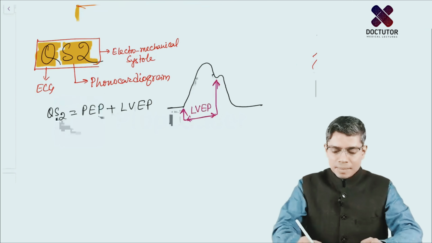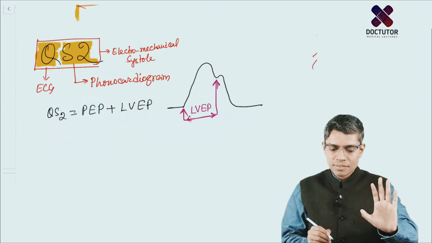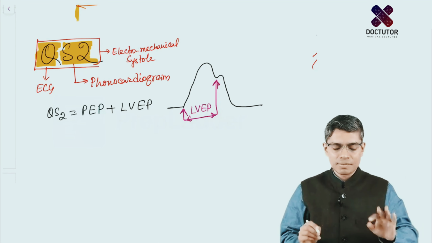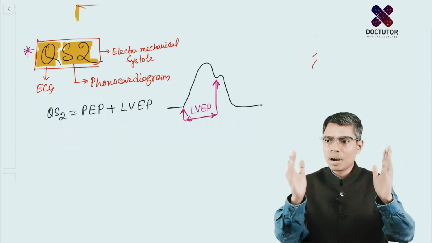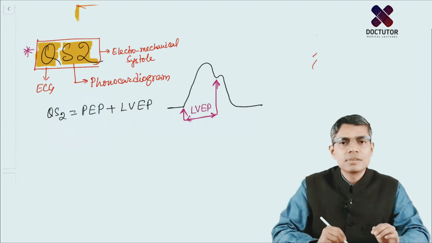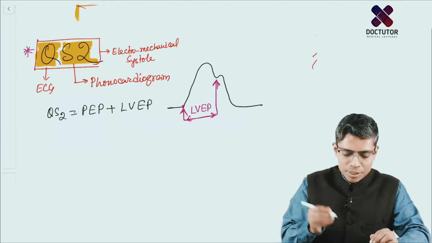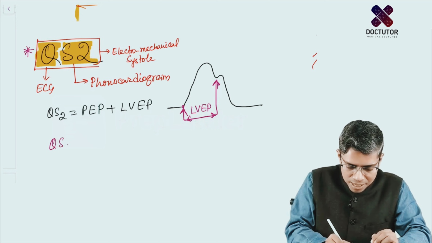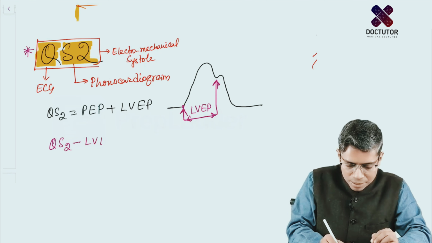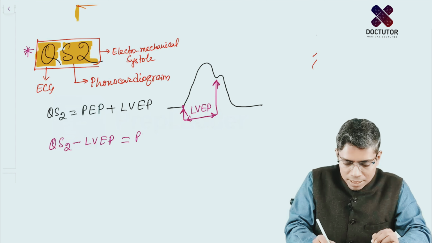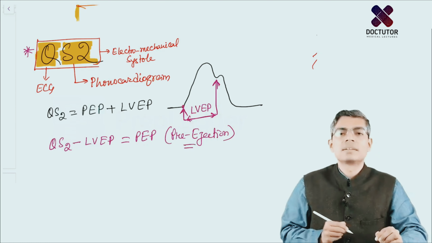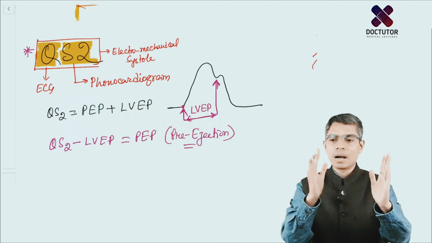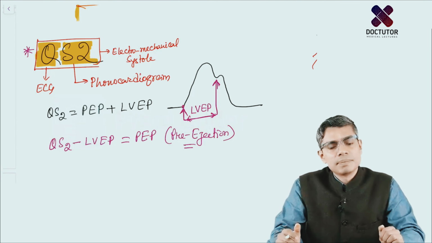So ideally, QS2 is calculated first, taken from onset of Q up to the S2, and then left ventricular ejection is calculated by the aortic pressure curve, and then if you subtract QS2 minus left ventricular ejection period, you are going to get the pre-ejection period. Onset of Q up to the opening of the semilunar valve.